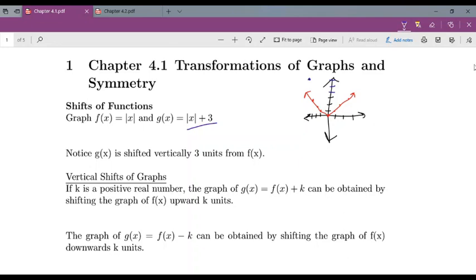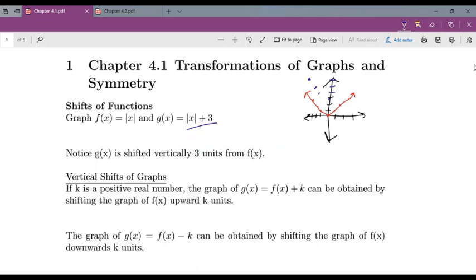Now if I plug a -2 in, the absolute value of -2 is 2, plus 3 is 5. If I plug a -1 in, the absolute value of -1 is 1, and then we're going to have a 4. So I'm going to get one there. Okay, if I plug 0 in, 0 plus 3 is just 3.